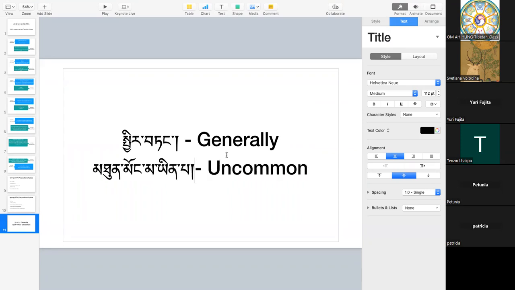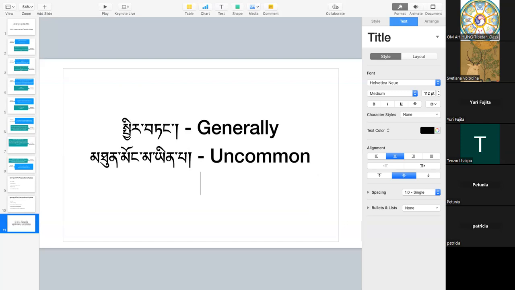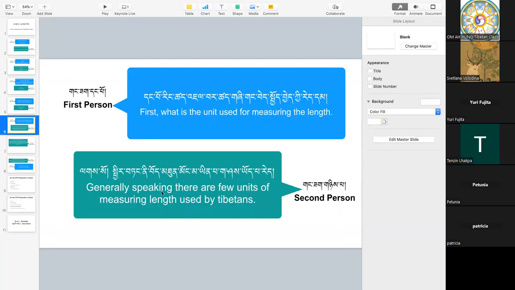This means uncommon or unique or special in some cases, but not necessarily special. So Chirtang means generally, and Tumu Mayimpa means uncommon, things which are particular to a particular region or group of people.